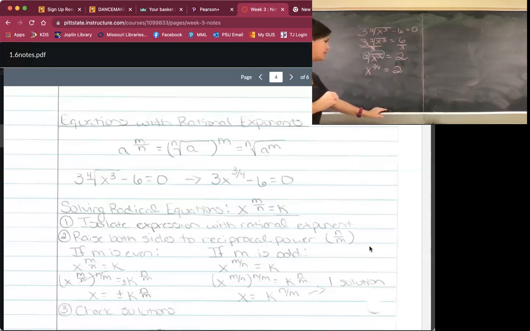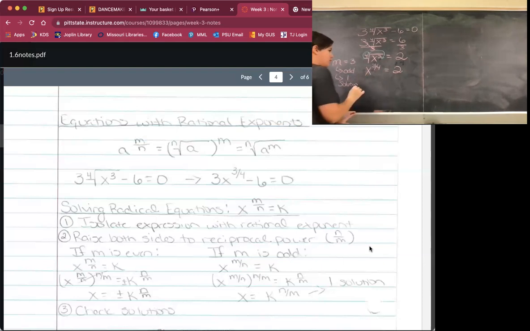Now I have my x and it's to my rational exponent, so I'm going to ask, what is my m? The m is the top number. In this case, my top number is 3, which means I have an odd m. And if I have an odd m, I have 1 solution. So I don't have to worry about doing the plus or minus in this case. I'm just going to get the 1 solution.